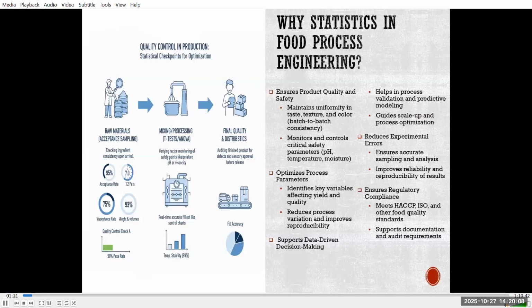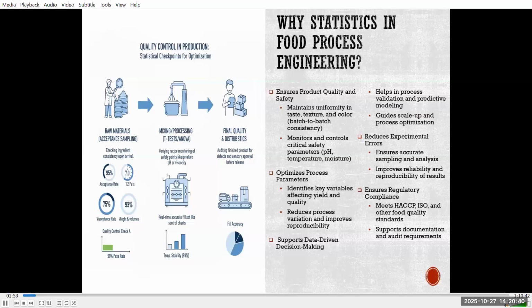Statistics helps us control these variations. Firstly, it ensures quality and safety: by monitoring parameters like pH, temperature and moisture, we can ensure the product is consistent and safe. Secondly, by optimizing the processes, it helps to find the best combination of process parameters. For example, which ultrasound power gives the highest protein yield.